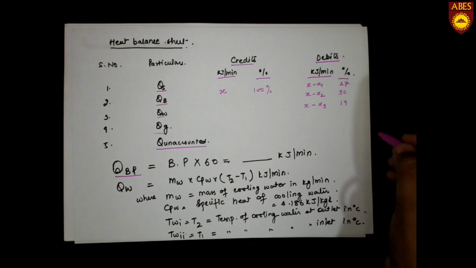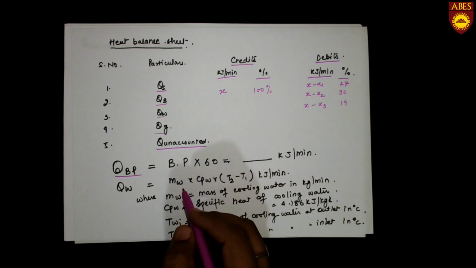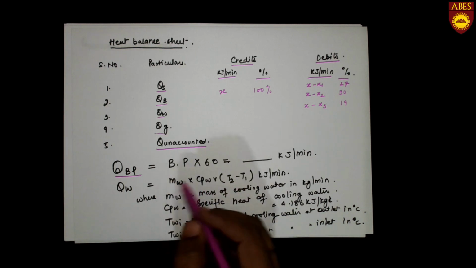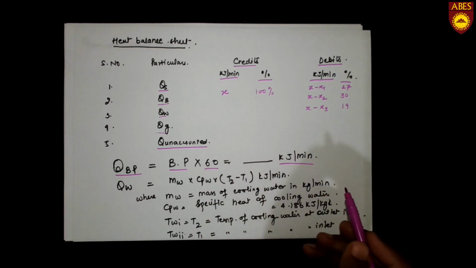Some basic formulas used in this type of calculation or analysis are these. Heat equivalent to the BP or brake power: the brake power is in kilowatt and it is converted into kilojoule per minute, so that is BP into 60, and whatever the answer is, that is in kilojoule per minute.